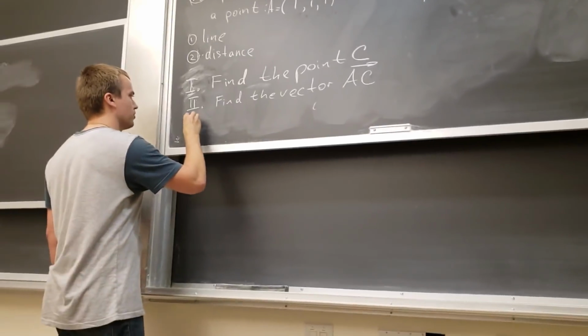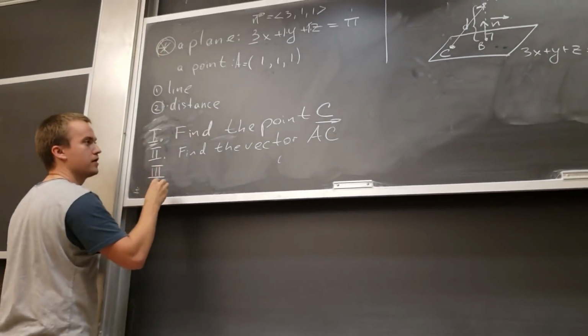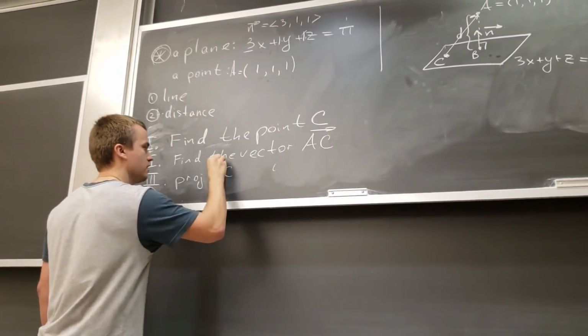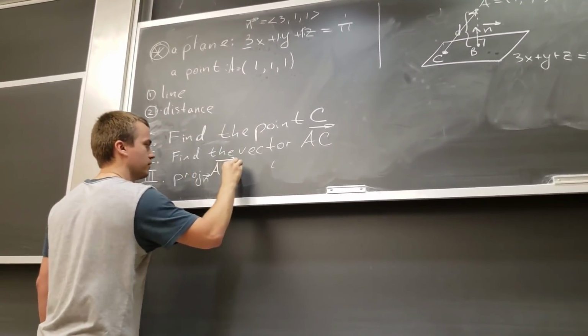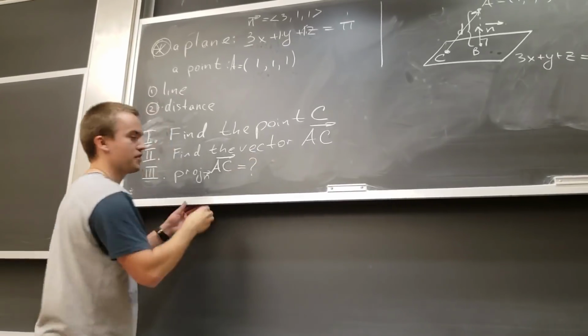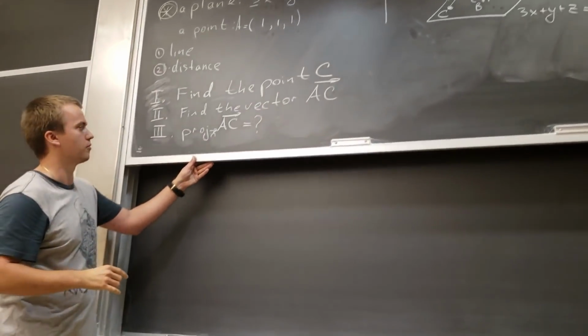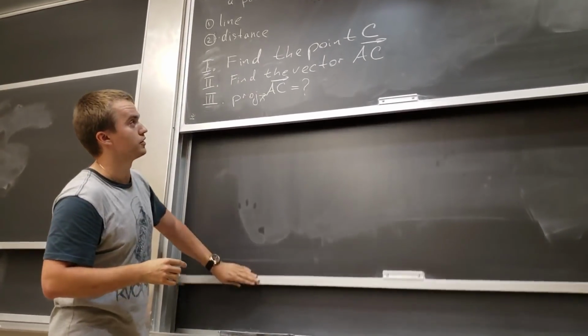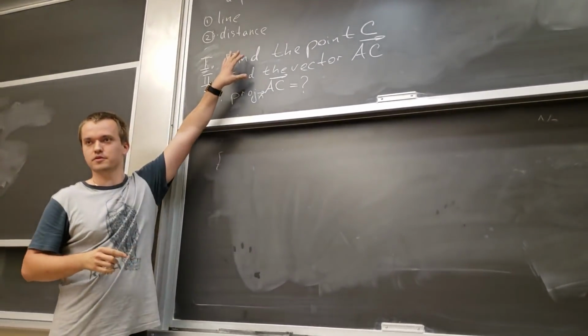And for step number 3, we need to find the projection of the vector AC onto our normal vector. Then we take the length of our projection and we get the actual value of our distance. Do you have any questions about this?